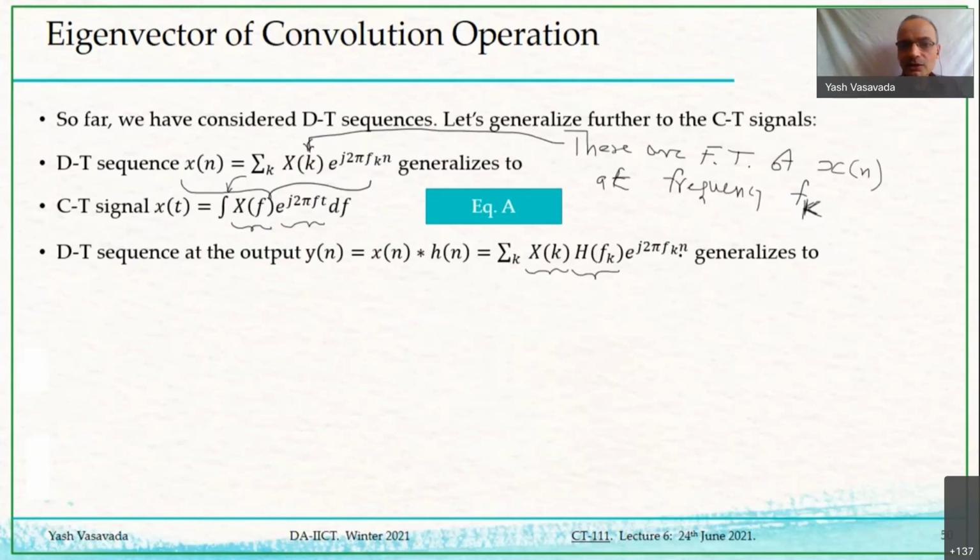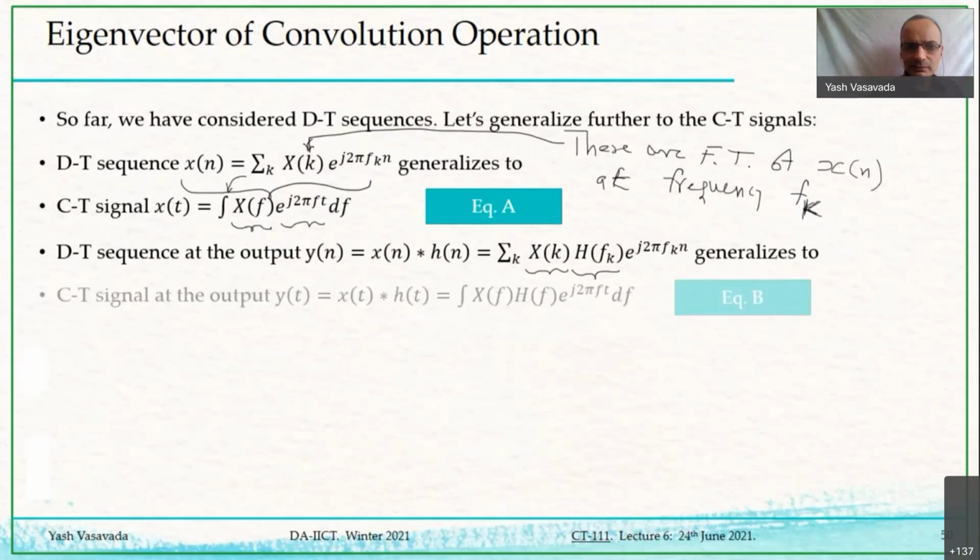If I convert this whole equation into continuous time, n will get replaced by t, k and f of k will get replaced by f, which is continuous frequency, and the summation will become an integral. And so this becomes the formula in continuous time. I have labeled them as equation A and equation B because maybe we will need these equations later on.